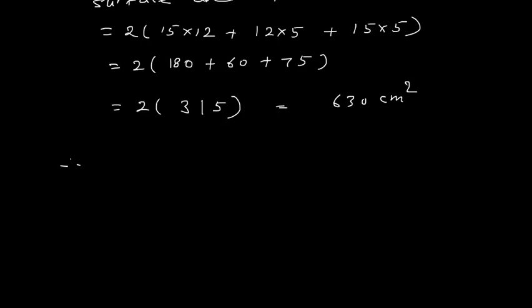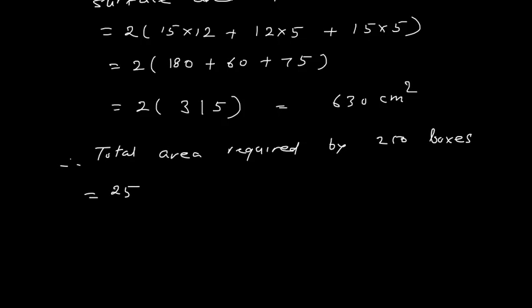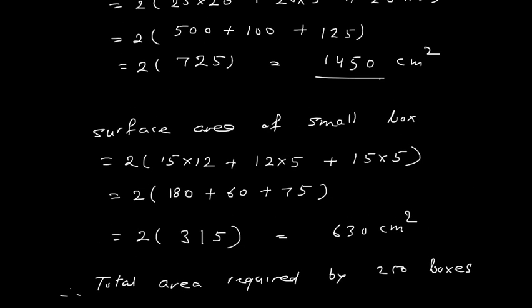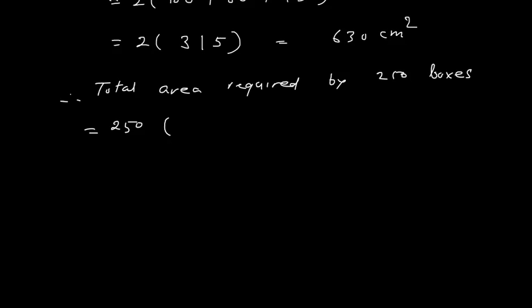Therefore, now for the bigger box and the smaller box I got the area. Therefore, the total area required by 250 boxes will be equal to 250 into 1450 plus 630.